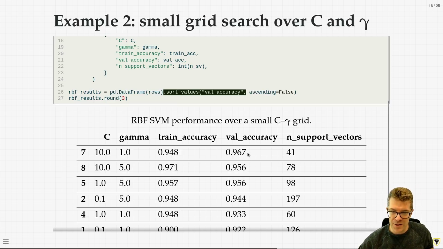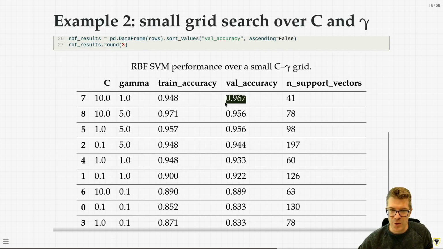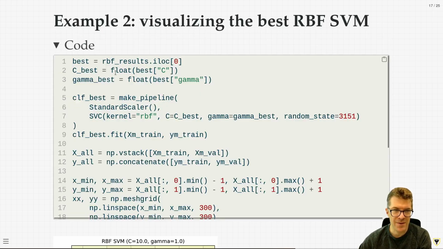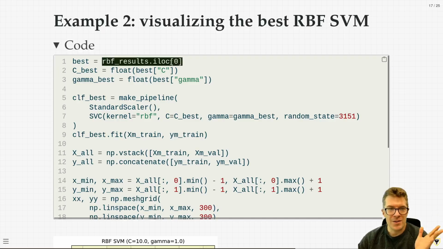The highest validation accuracy we have is 96.7. So the values of C and gamma that gave us our best validation accuracy are C equals 10 and gamma equals 1. Good. So those are the ones we're using here. Actually, we're just grabbing them. This is where I grab it in code, so there's no risk of error.